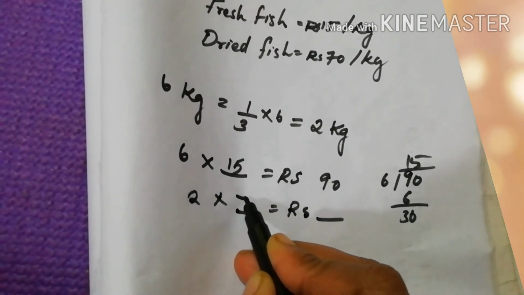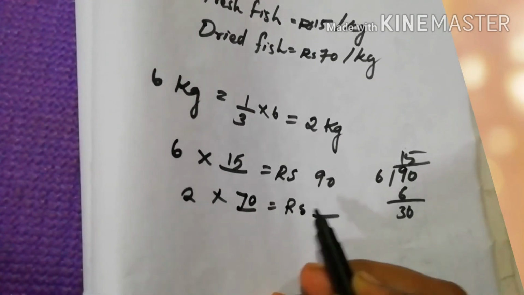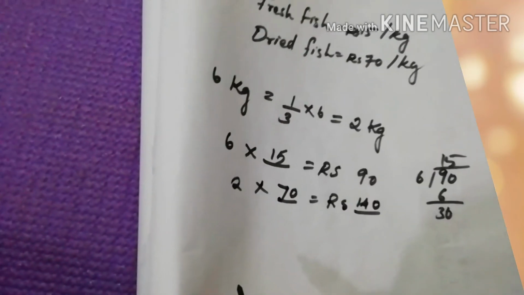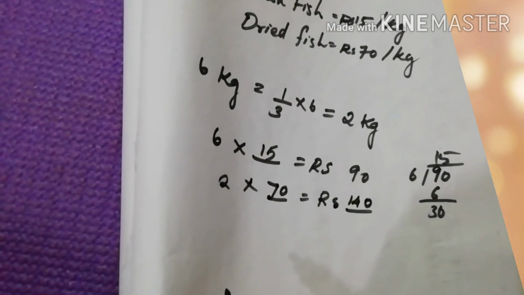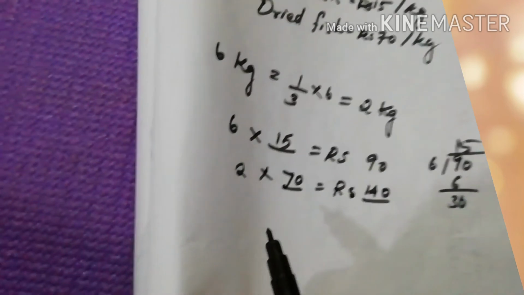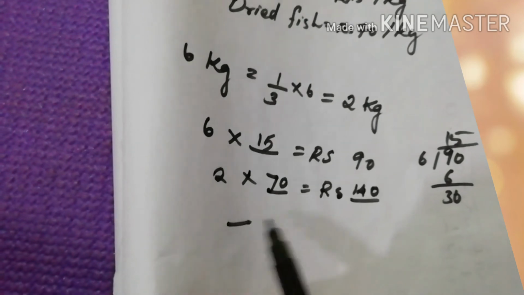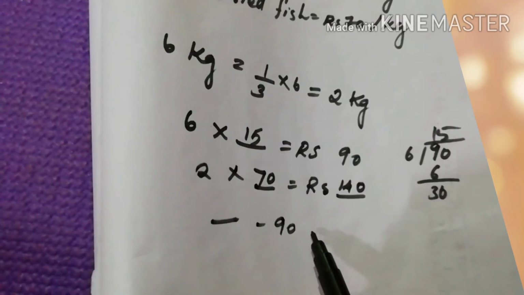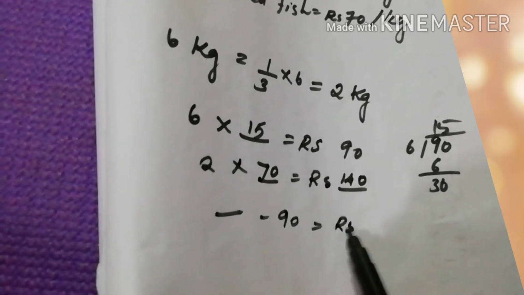For 2 kilogram, 7 into 2, 14, that is 140. Okay, next question. If we dry 6 kilogram fresh fish, we will earn dash minus 90 equal to rupees 50.